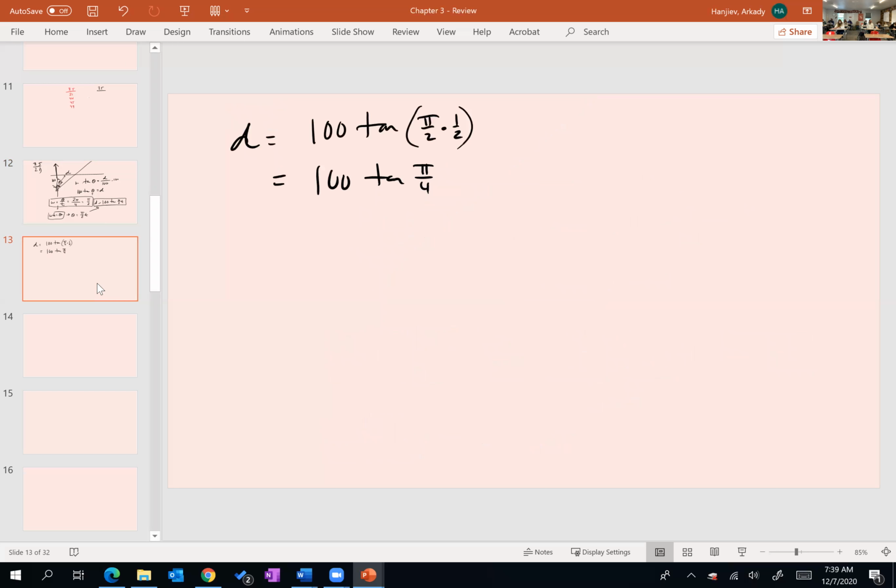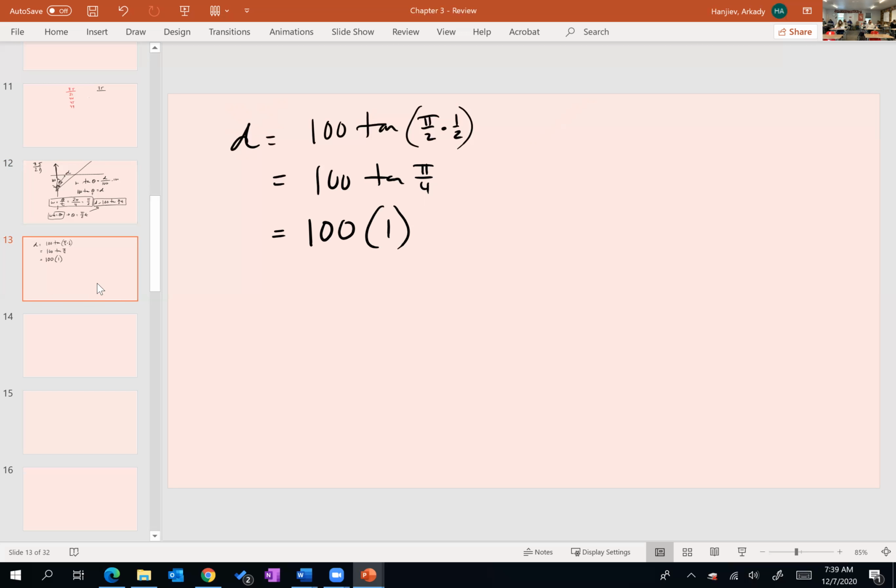Anybody tangent of pi over 4? I think it's going to be 1, right?